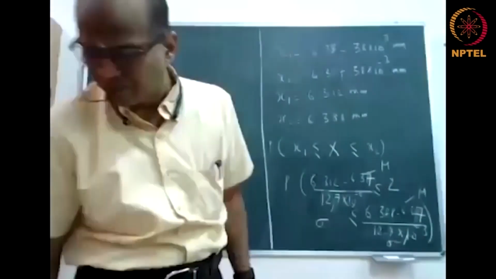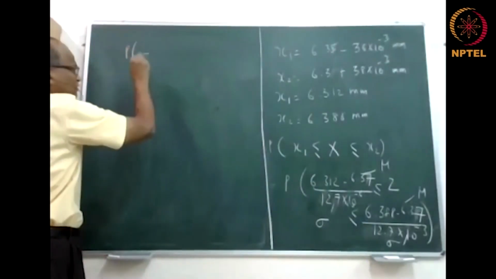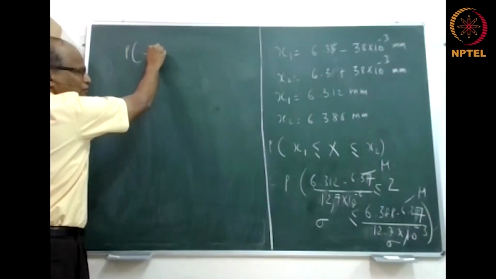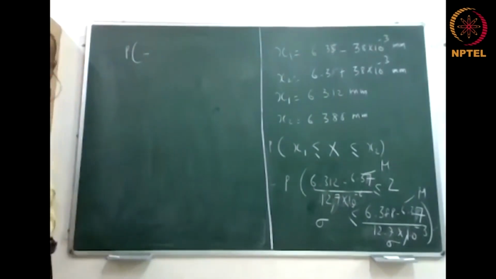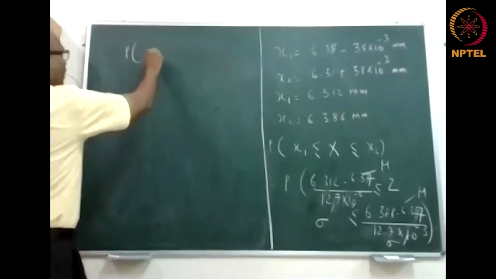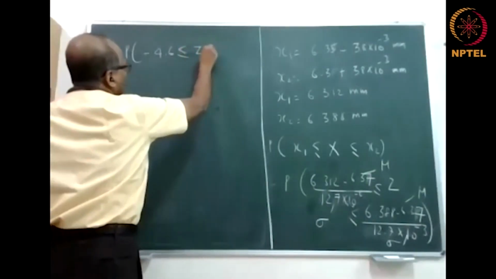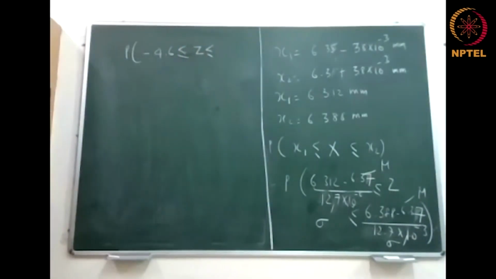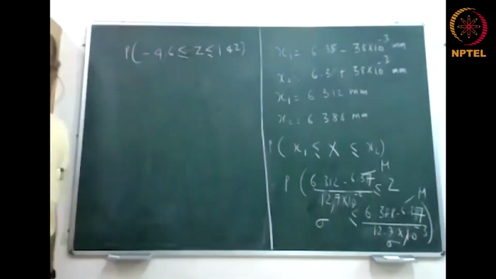So this is P of Z between minus 4.567 and 1.417. What are you getting here? 1.42.